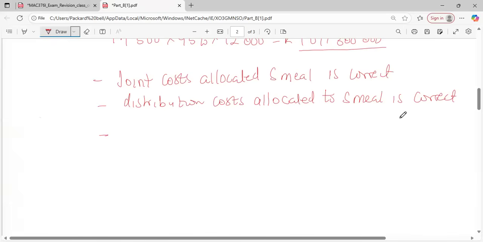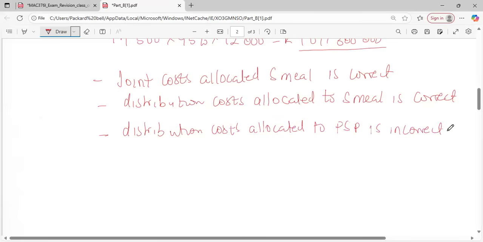So your distribution cost allocated to S meal is correct. Then distribution cost to TSP is incorrect. Remember, they want a reason. It is incorrect.